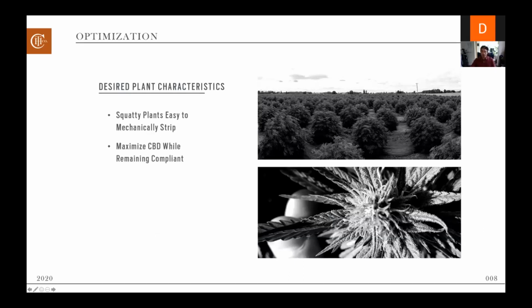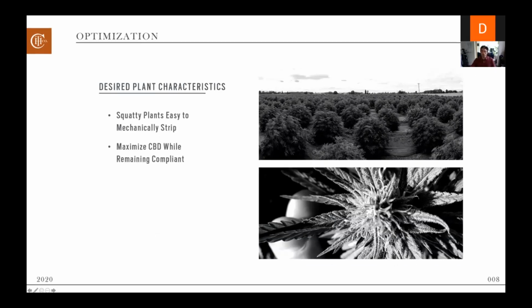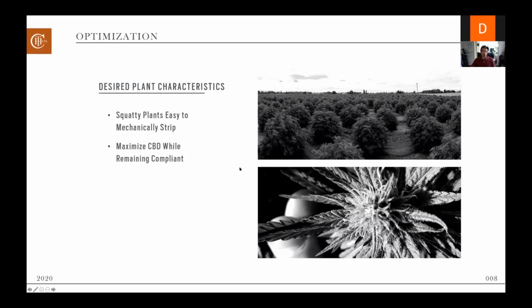And lastly here are the characteristics we are looking for with the cannabis plant that will help streamline our operation. So what we want as far as optimization, this goes back to harvesting methods coming out of the field. We want kind of short, squatty plants, with as minimal fiber as we can get, so that we can easily mechanically harvest and strip the plants.